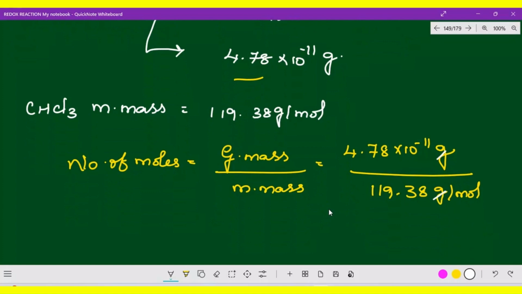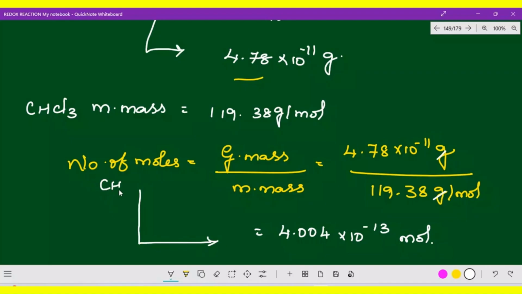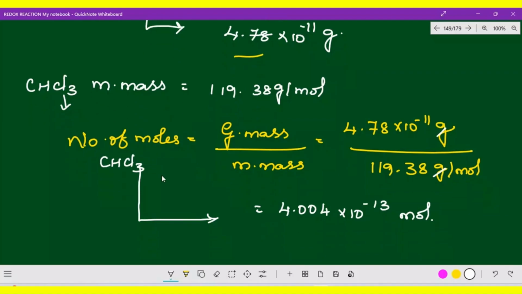So number of moles, how much? 4.004 into 10 to the power of minus 13 mole. So number of moles of chloroform, CHCl3, we found.